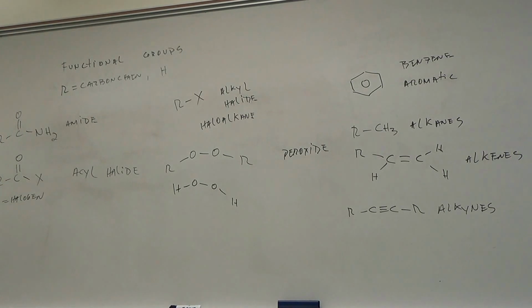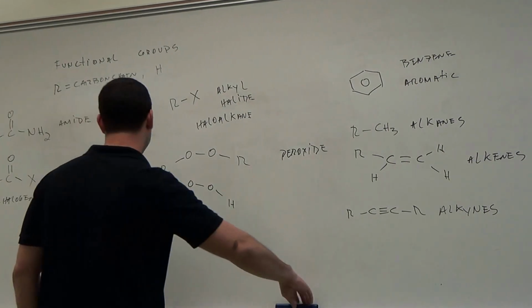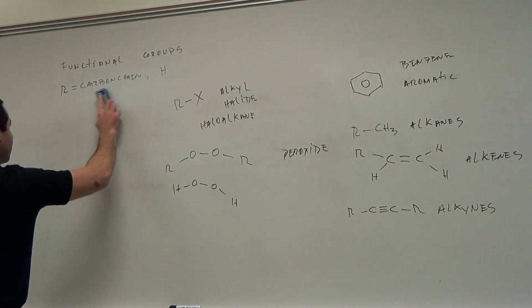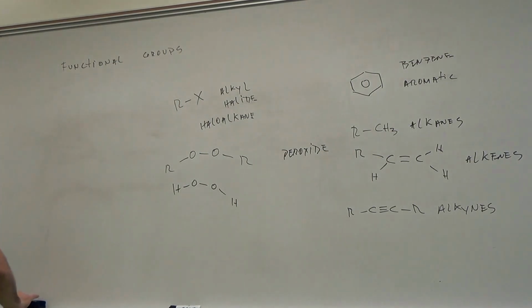Is that enough or do you want some more? On the test, I'm going to give you some of those, but not with the R. They're going to have some groups on it, and you have to tell me what the functional group is. How's that?